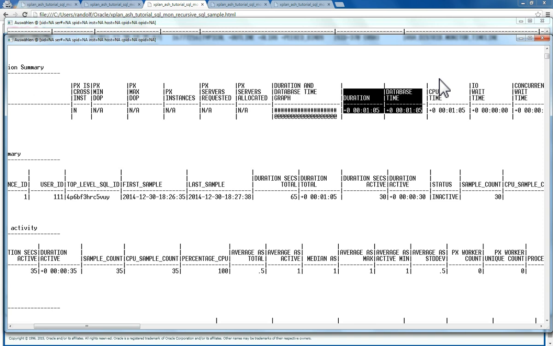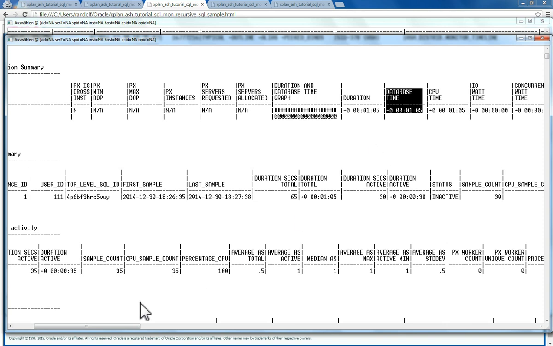So it can neither be the case of application think time, because then the database time would be less than the duration, and it can also not be the case of different cursors activity of the same session, because then again the database time for this particular SQL execution would be less. So it has to be recursive activity.